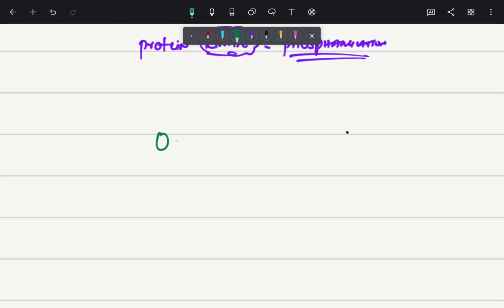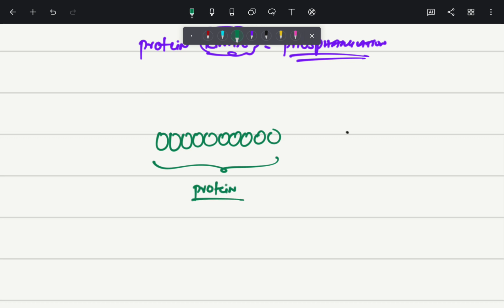So proteins are nothing but amino acids, right? So here are amino acids, and all these amino acids fuse with each other, and the entire complex is nothing but your protein. So amino acids fuse with each other and they will form a long chain which are called your proteins. So I already told you protein kinase will do phosphorylation at serine or threonine amino acids.